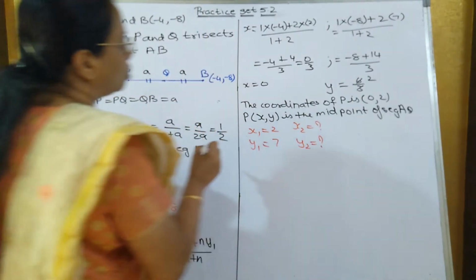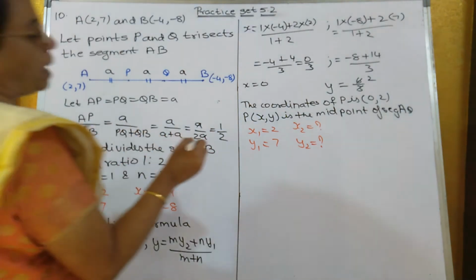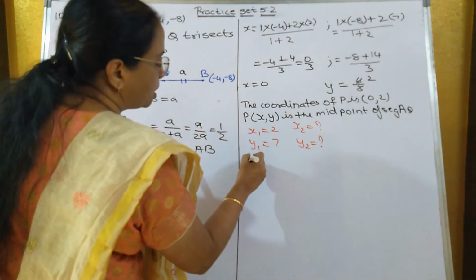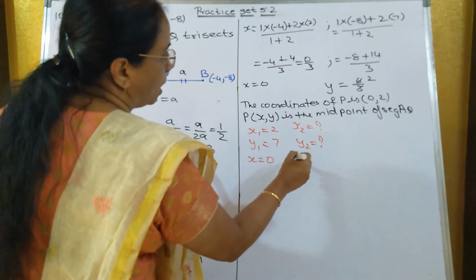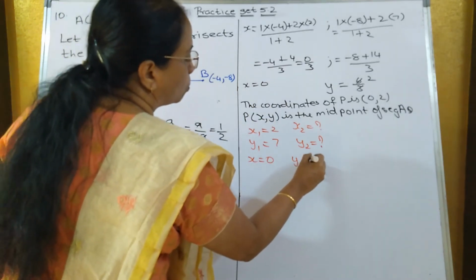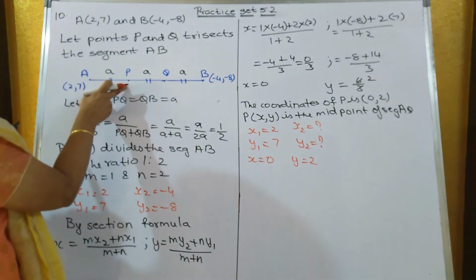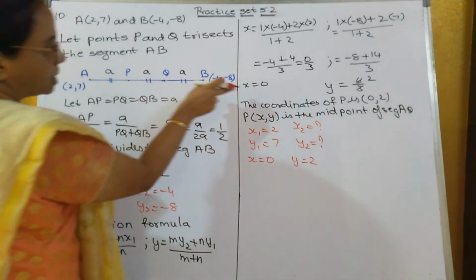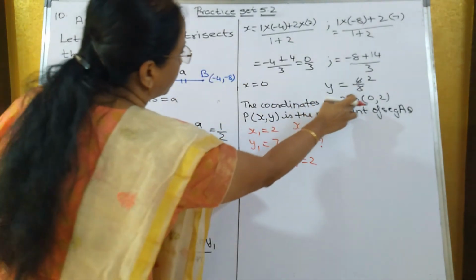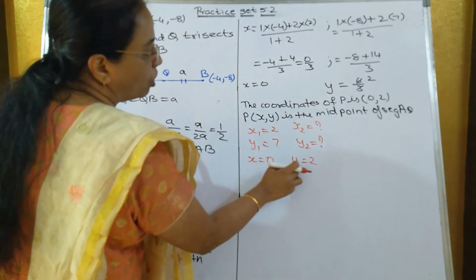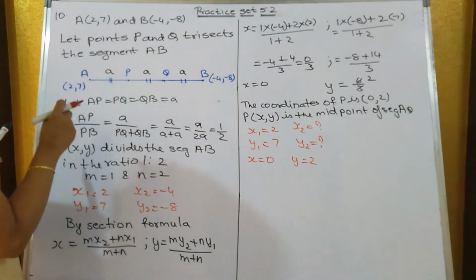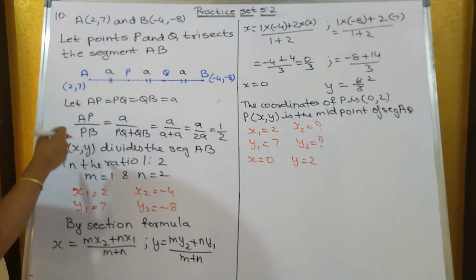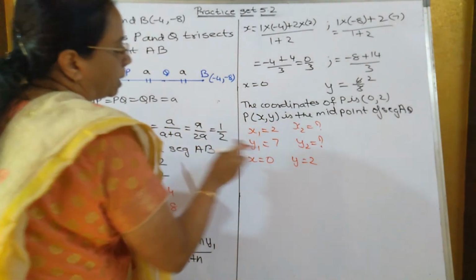We don't know the coordinates of Q, but x we know. X is equal to how much? We just now got x is equal to 0 and y is equal to 2. x जो रहता है मिड पॉइंट P है, P का कोऑर्डिनेट्स अभी अपन ने ढूंढा था, P का कोऑर्डिनेट कितना है? 0 और 2, तो x 0 और y 2 है, और x1 क्या है? A का कोऑर्डिनेट 2 और 7, x1 y1, और Q का कोऑर्डिनेट अपन को ढूंढना है.